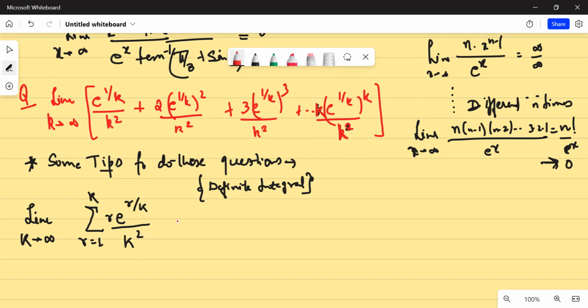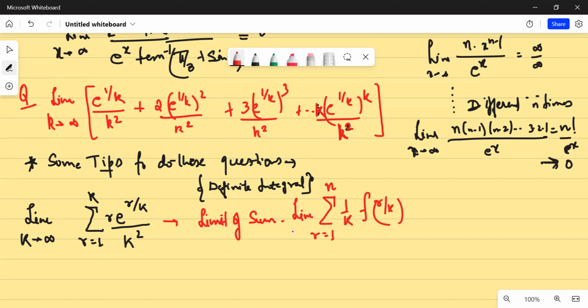Okay. So whenever you want to take a limit of a sum, and it is arranged in a manner where you can express your limit of a sum in this way, r varying from, let's say, 1 to some point, let's say n, and limit n tending to infinity, then in these scenarios, you can write your r by k as x, you can write 1 upon k as dx, and you can replace this sum by integration.